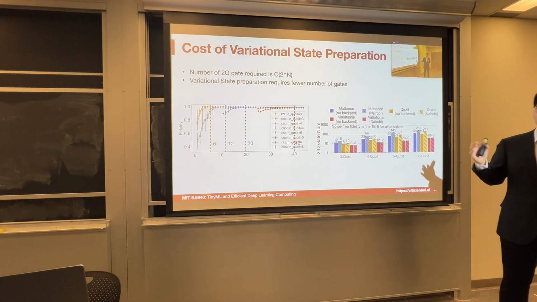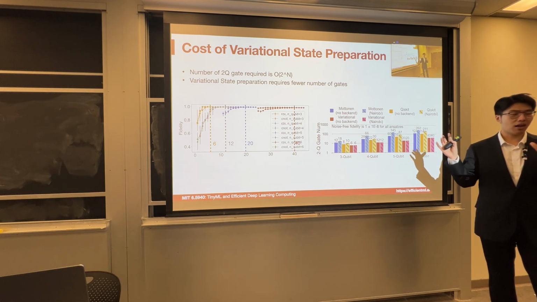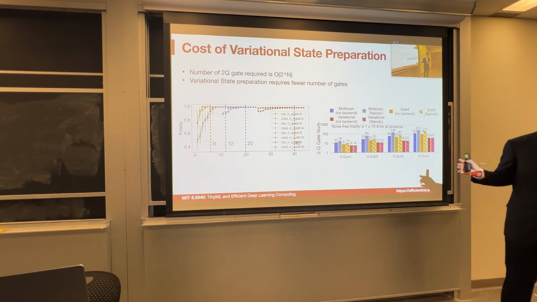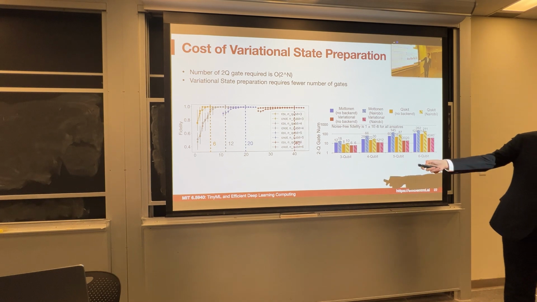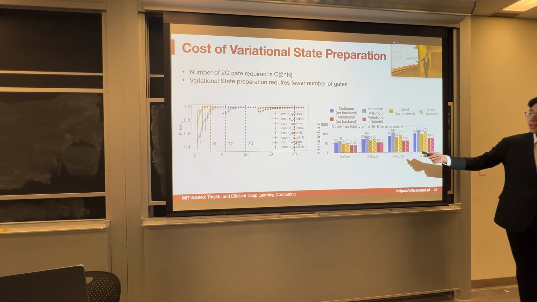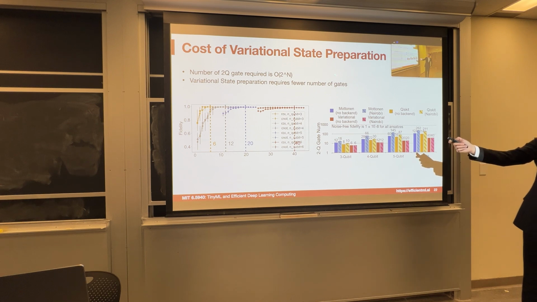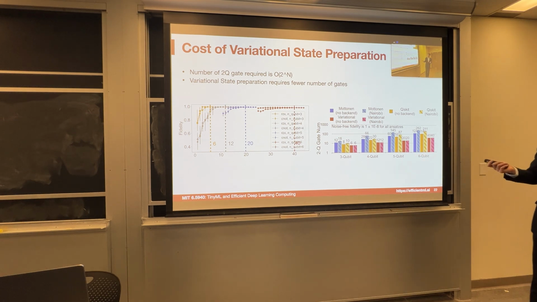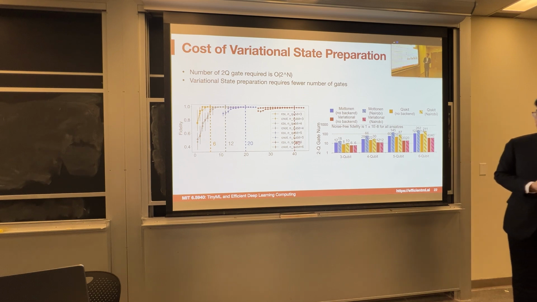So that means to faithfully cover all the space, you have to use a large number of 2-qubit gates. So we can see for 6, 12 or 20 qubits here, the number of 2-qubit gates is increasing. And also here we can compare our variational state preparation method versus some other baseline decomposition-based methods.